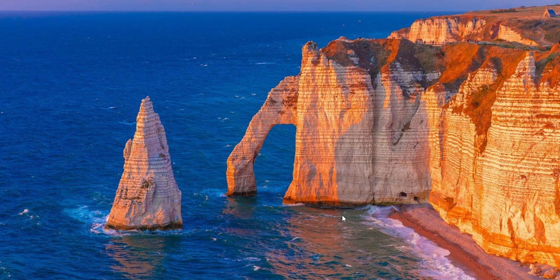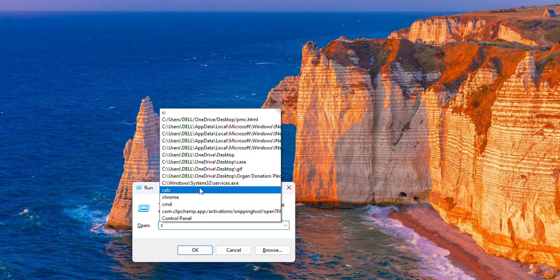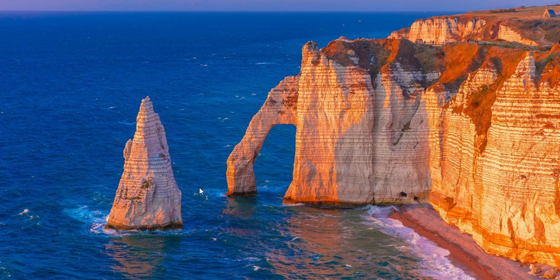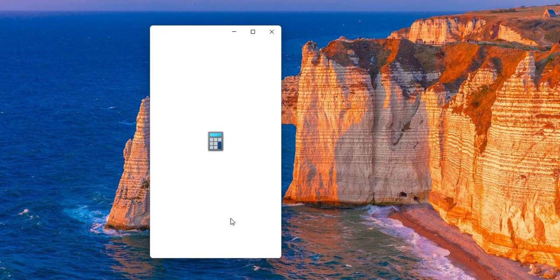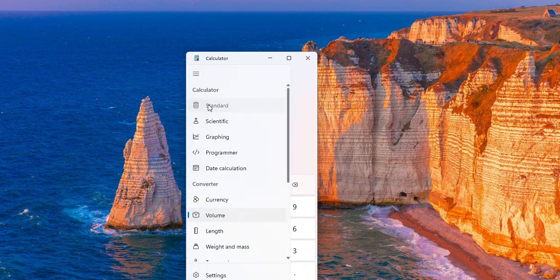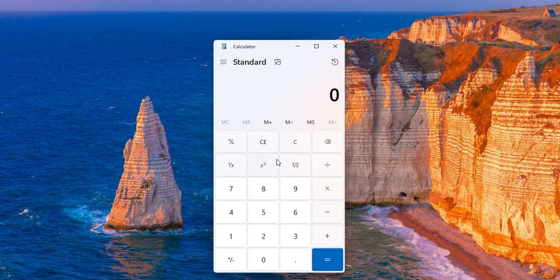By pressing the Windows and R keys, you can enable the Run box. In the Run box, you can type calc, the same keyword. So in both ways, you can open the calculator. Here you can find a lot of features in the Windows calculator in the Windows 11 version.